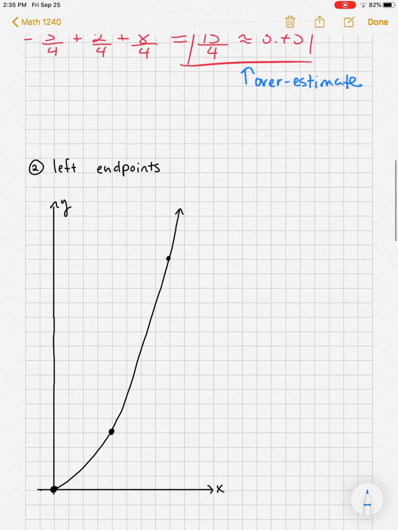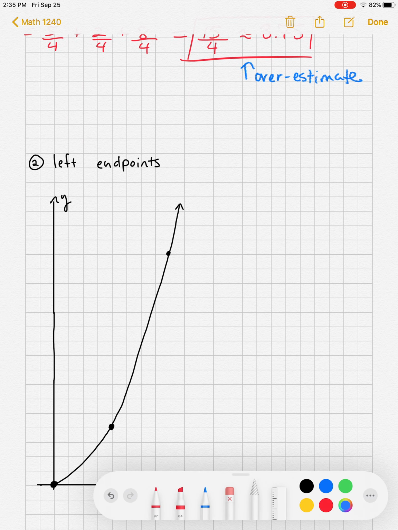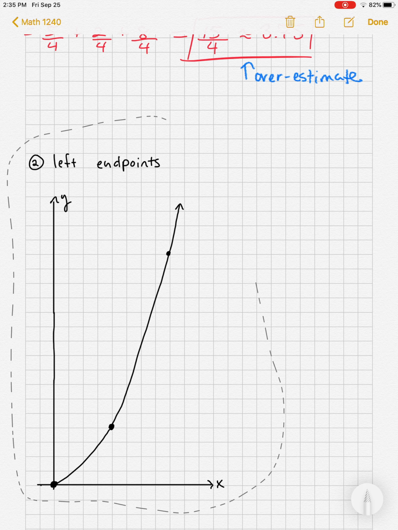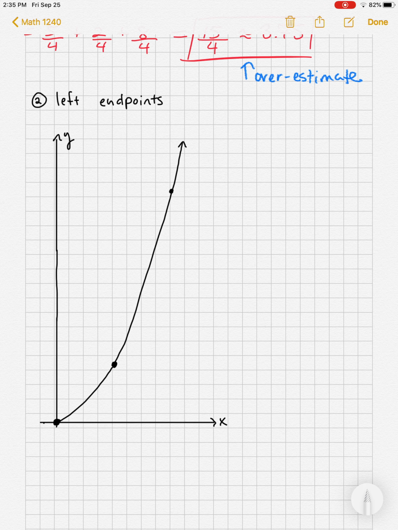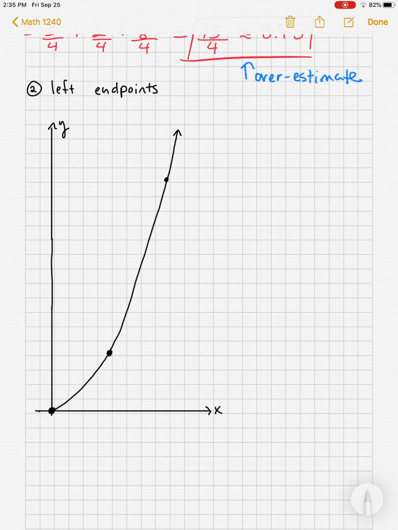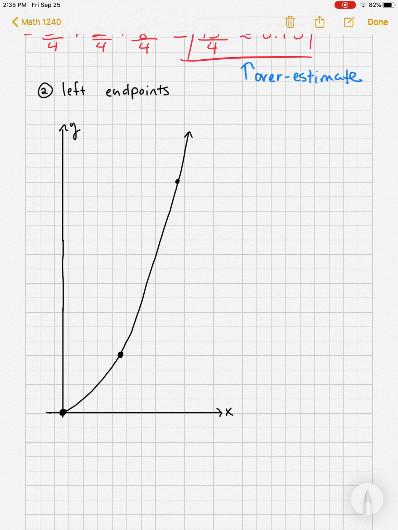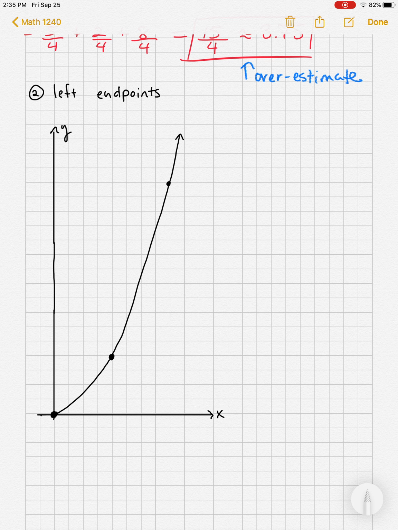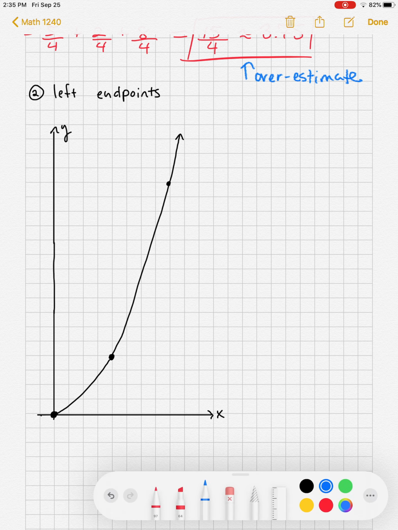Okay, now, same thing, but using the left endpoints. Okay, so that means, all right, I still want to do 4 rectangles.